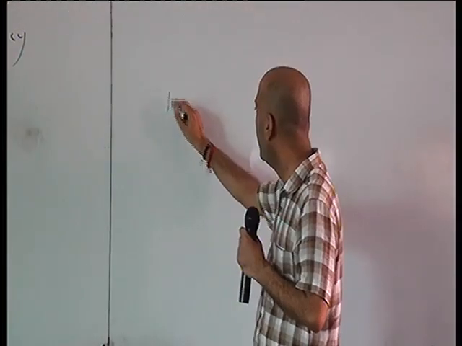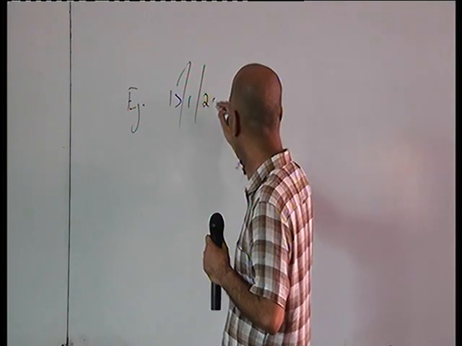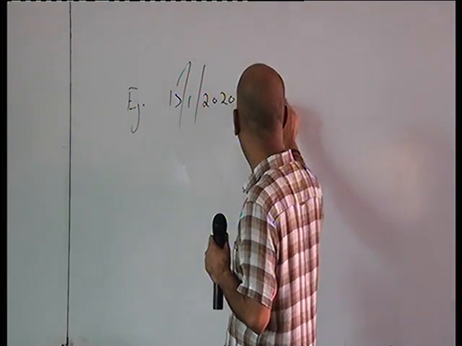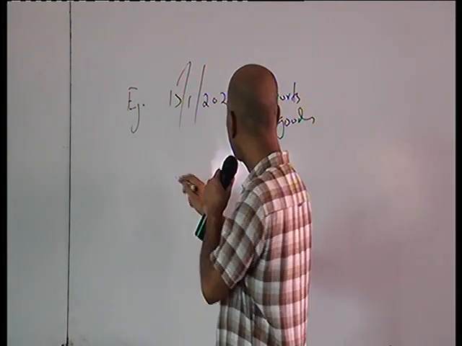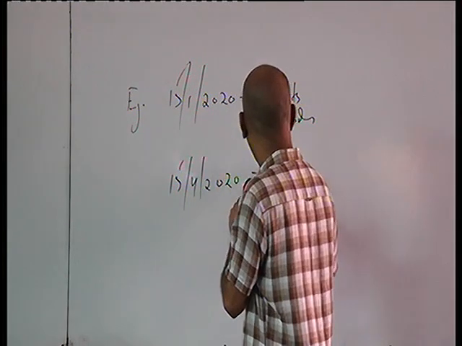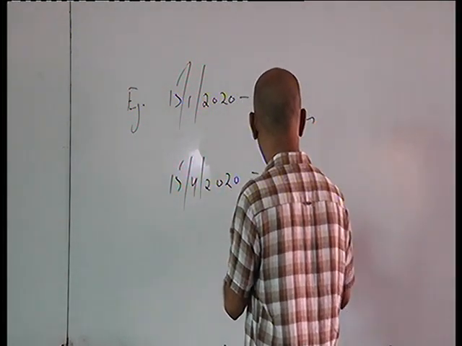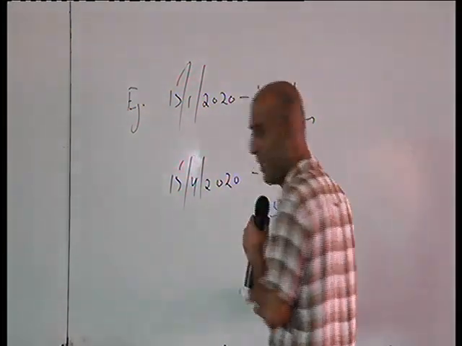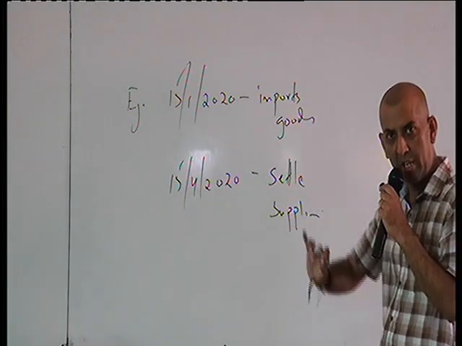For example, 15th of January 2020, you import goods. 15th of April 2020, you settle the supplier. Please note, 15th of January you are importing goods.